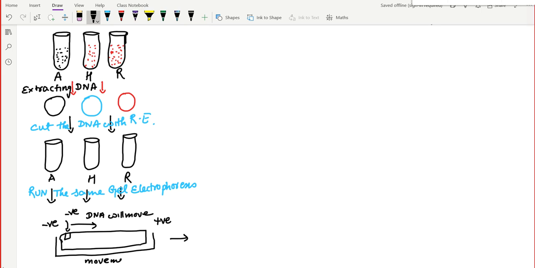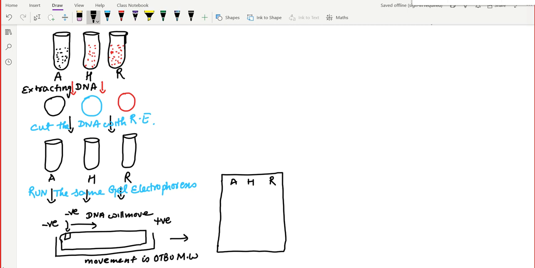The DNA with the smaller fragment will move faster, and the DNA with the higher molecular weight will move slower. So this is what we have for A, for H, for R.